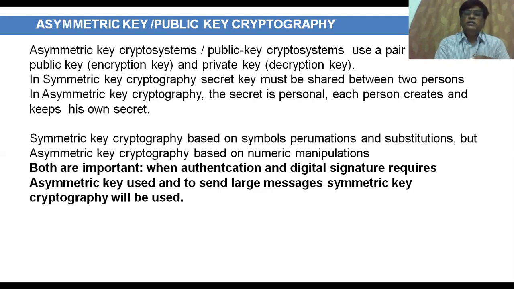We are converting the actual plain text into a confused, secret ciphertext, which is not feasible for the attacker to understand. In symmetric cryptography, we use only symbol permutations and substitutions for the encryption.